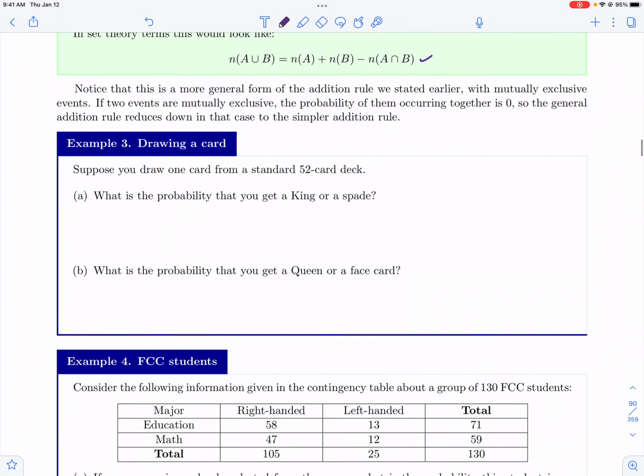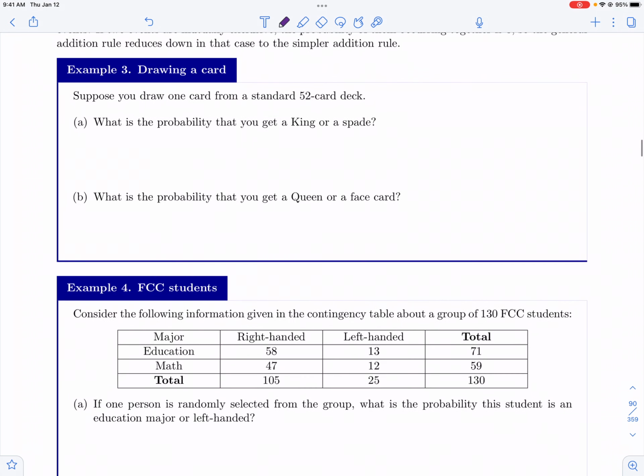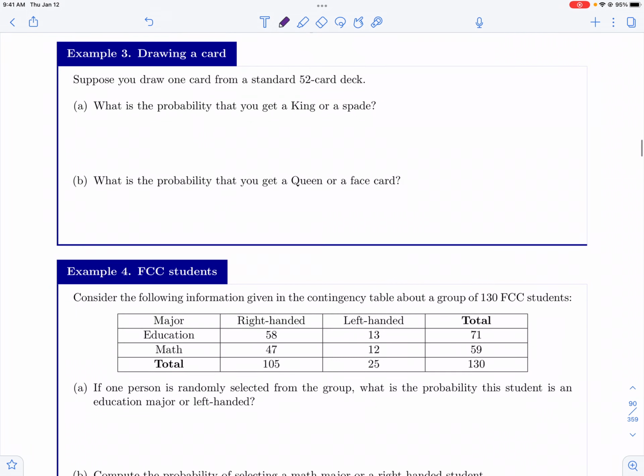All right, so let's take a look now at somewhere we've got some possible overlap. For example 3, we're drawing again a card from the 52 card deck. What's the probability that we get a king or a spade? In this case, we're looking for the probability of a king or a spade. Again, start off just like we would before, pretend we don't know whether there's overlap or not.